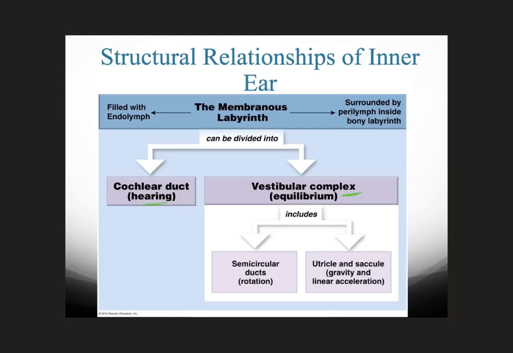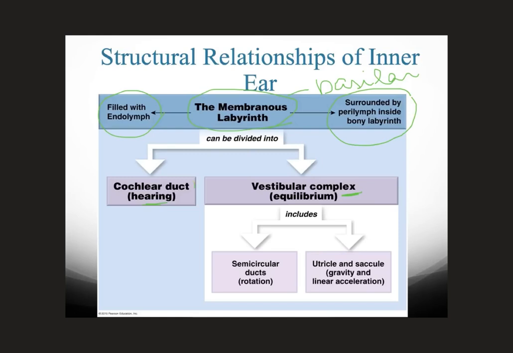You guys will understand these structures a little bit better when we get to the next figure, but basically you're going to have your membranous labyrinth, which is going to contain your basilar membrane, which we're going to talk about later on. This inner structure is going to be filled with a fluid that's called endolymph, and the membranous labyrinth is going to be surrounded by what we call perilymph. And on the next figure, we're going to be able to see it better.